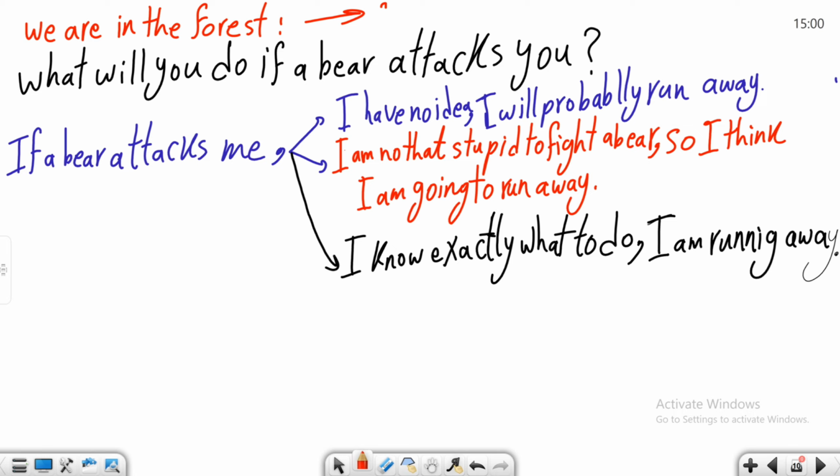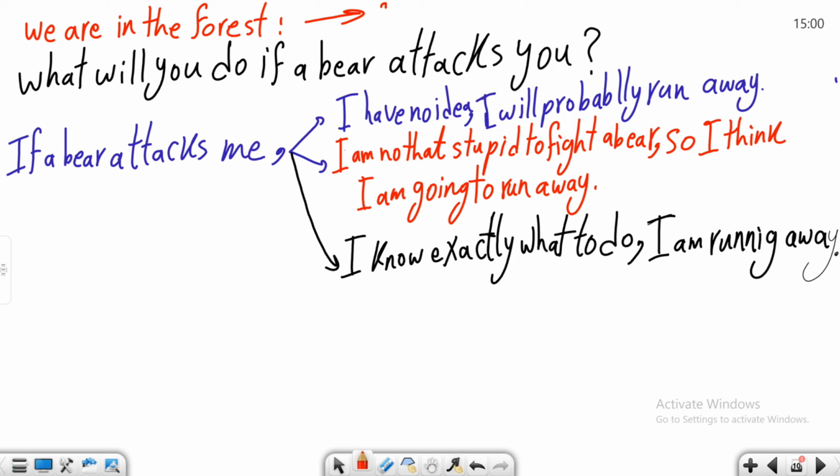I'm always describing a statement for you, or I create a scene for you, like a film. I'm telling you to imagine you are in the camp, you are in the forest, you are in, for example, the city, so that you understand the contextual uses, the psychological uses, the cultural uses of these tenses.